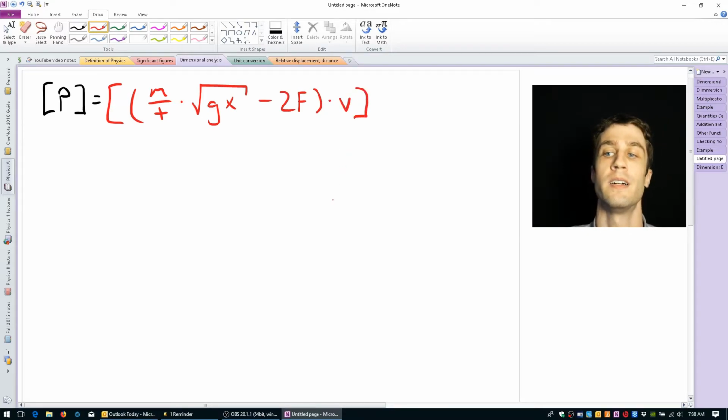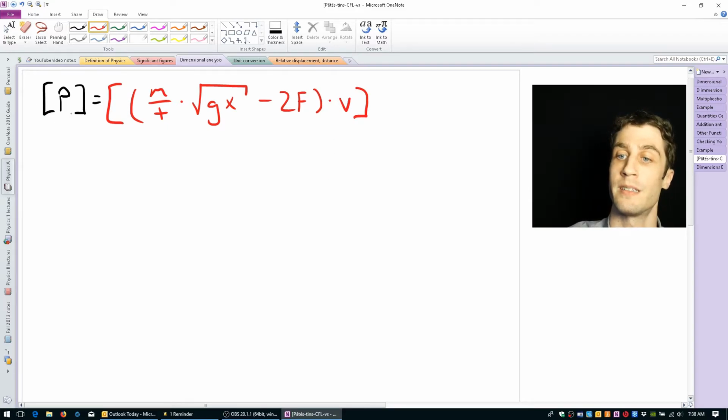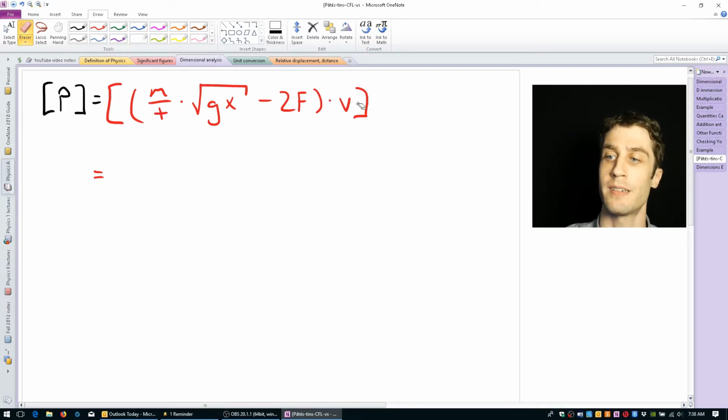So dimensions of all of this on the right-hand side. We hope that the dimensions on the left-hand side match the dimensions on the right-hand side. The way I have it in my notes, I've broken it up such that I take the dimensions of each of these multiplied quantities and then slowly work the brackets in until they appear in all of the quantities.